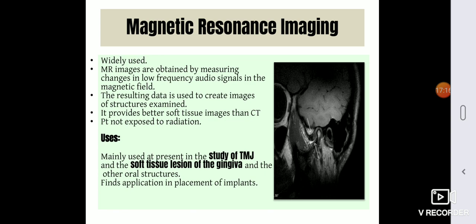And the main advantage with this method is that the patient is not exposed to radiation. It is used mainly in the study of the TMJ and the soft tissue lesions of the gingiva and other oral structures, and it finds application in implant placements.